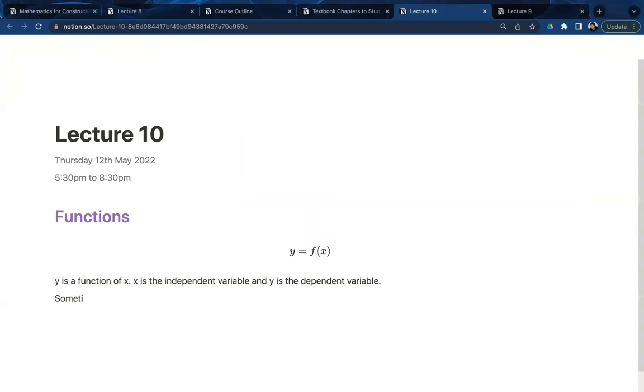So sometimes we know the rule to follow. Well, sometimes it's not just one rule, sometimes it's a bunch of rules to find the y value given an x value.